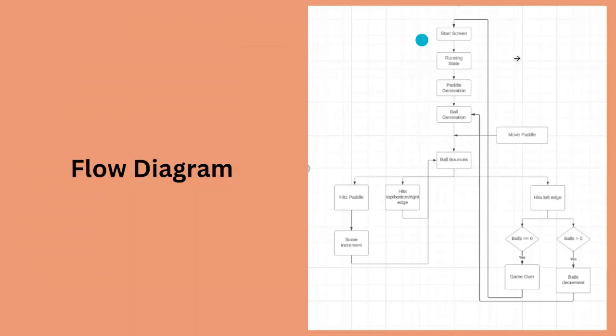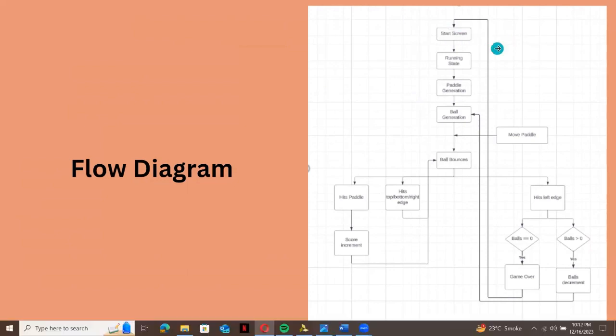So here you can see the whole flow diagram that we have made. First we see the start screen. Then when you press a button, we've implemented a keyboard implementation where we are using the A and S keys for moving the pad up and down. At the start screen, you will see the rules of the game, and a ball will be stopped at the center of the screen.